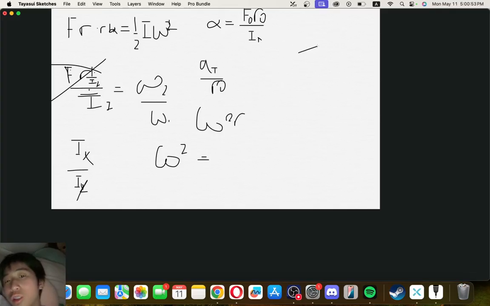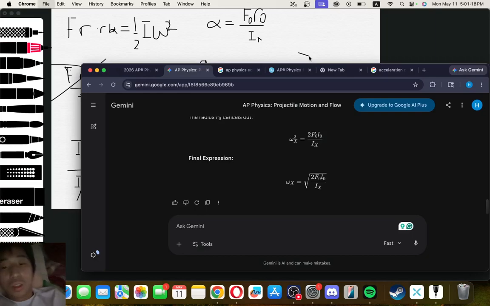What is torque as work? Let's search this up.